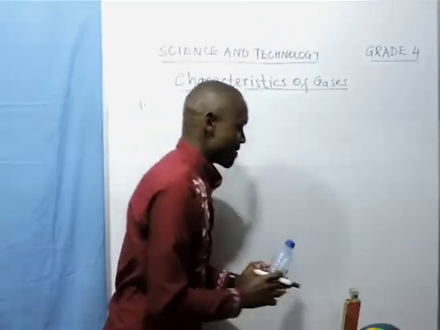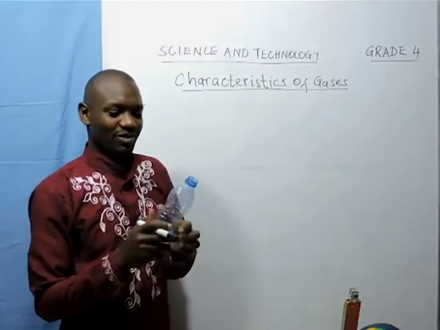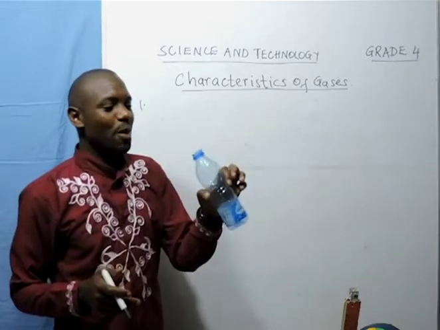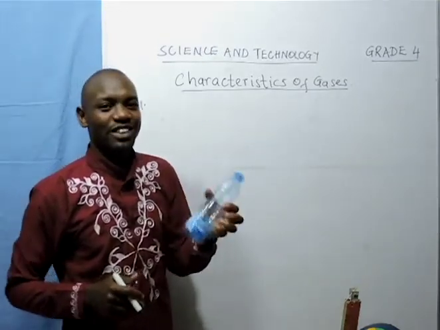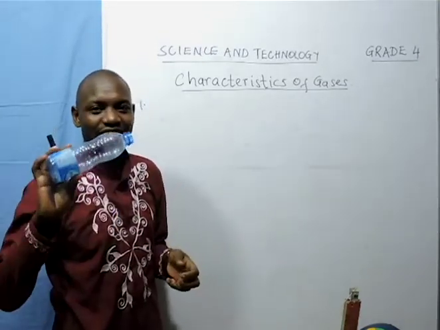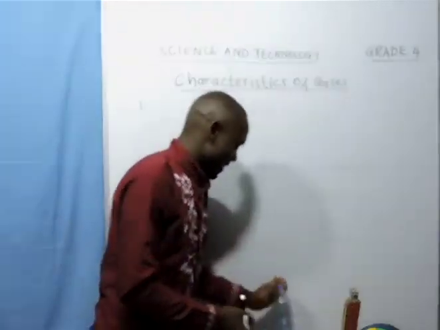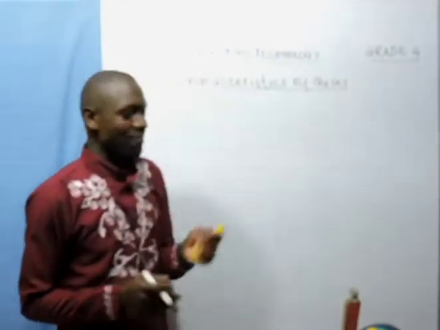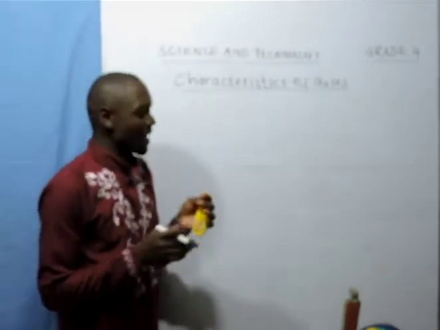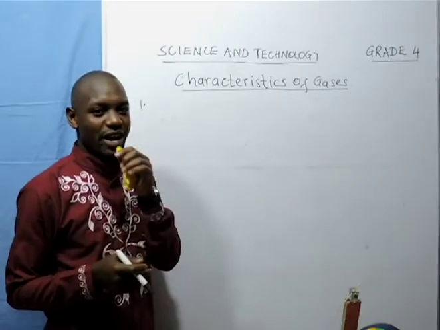Here I have an empty bottle. But scientifically we don't say it is empty. It contains air. There is air inside this bottle. I still have a balloon here with me. I can fill the balloon with air.